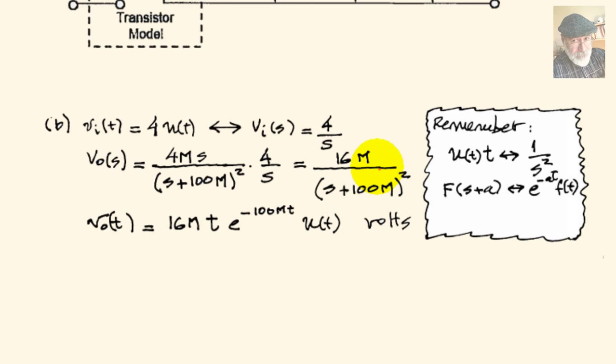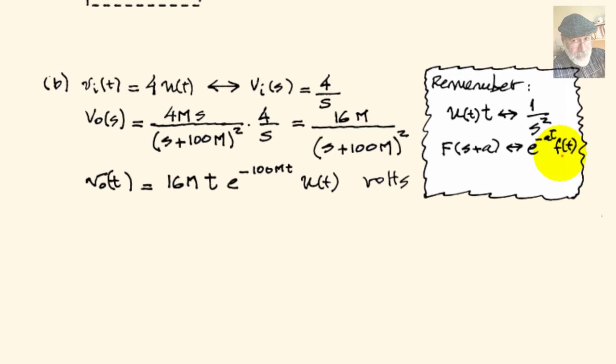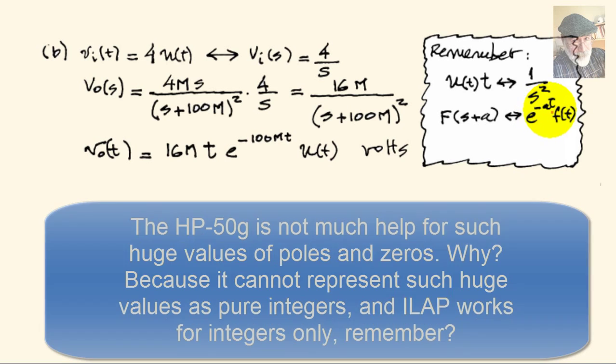Now let's find the inverse Laplace transform of this one. Whenever we shift a Laplace transform by a, as in here, we multiply its anti-transform f of t by e to the negative at.